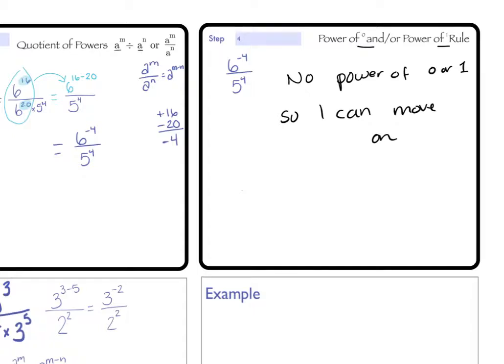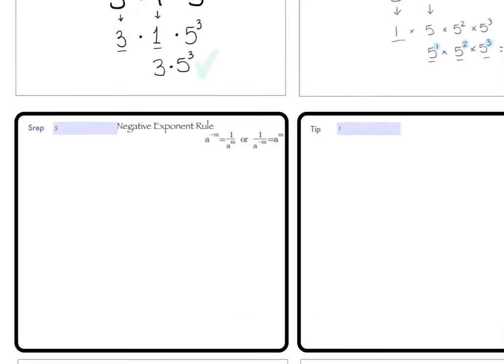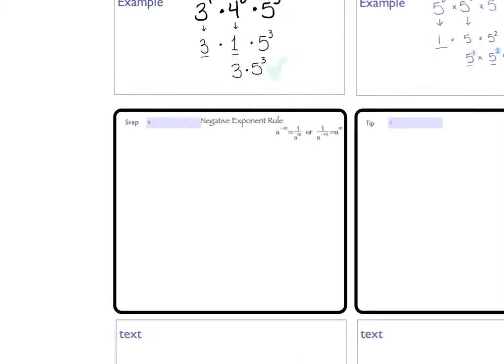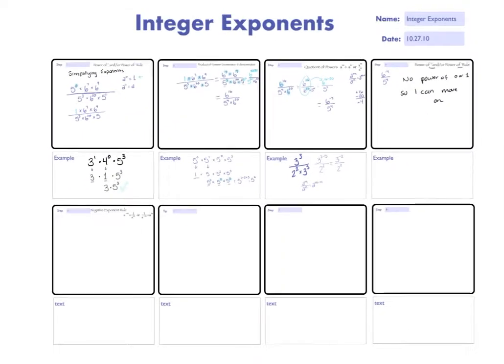But just know that if there was, then you would do exactly what we did in step 1 and take care of those first so that it doesn't get too complicated. Okay, and then so now here we do have to worry about the negative exponent. So I'm actually going to bring that over with me because I do need it. Oops. Okay, there we go.